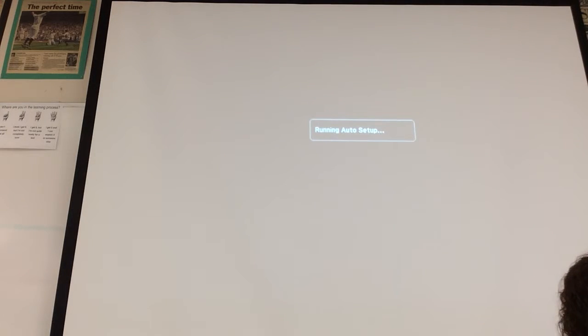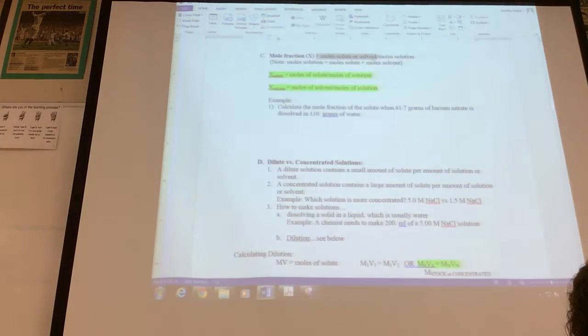Mole fraction is moles of solute or solvent in the numerator over moles of solution in the denominator. So moles of solution is moles of solute plus moles of solvent. So if they give you grams, you have to get moles of each and add them together.